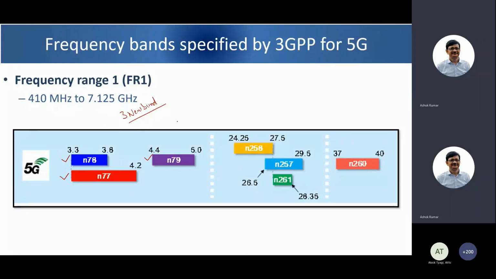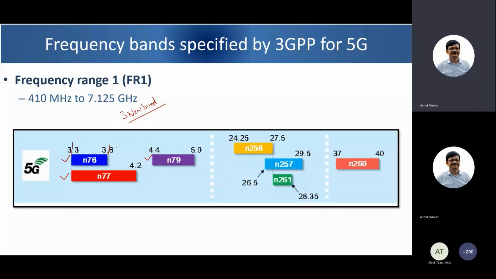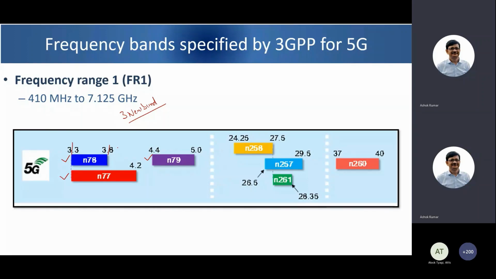And as I was discussing, in India, we auctioned frequency band from 3.3 to 3.8 gigahertz, which is N78. Across the globe, this is the band being used by almost all the operators, right? Now, let me ask you a question.